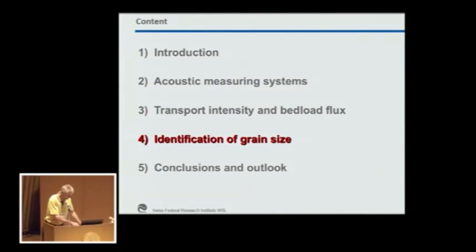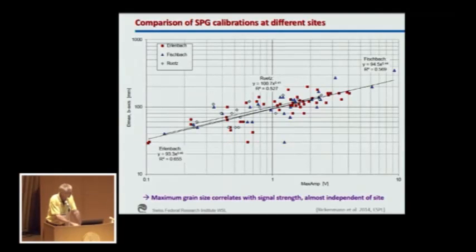Okay, so my last part will deal with the identification of grain size with such systems. And here you see the results of calibration measurements in 3 streams with the Swiss plate geophone system.